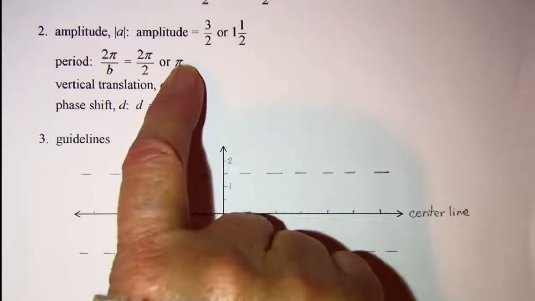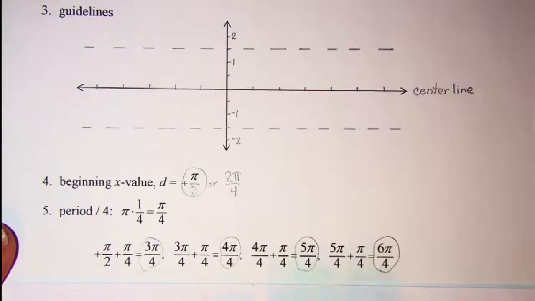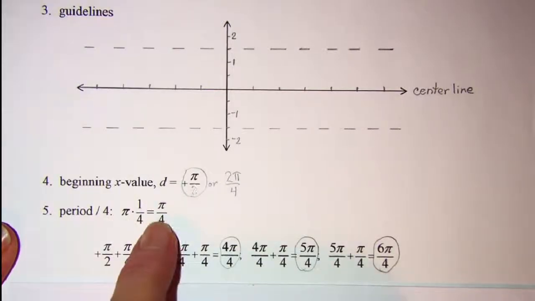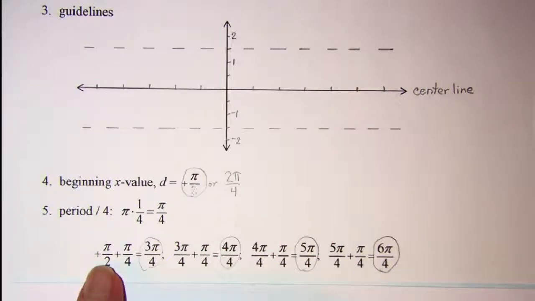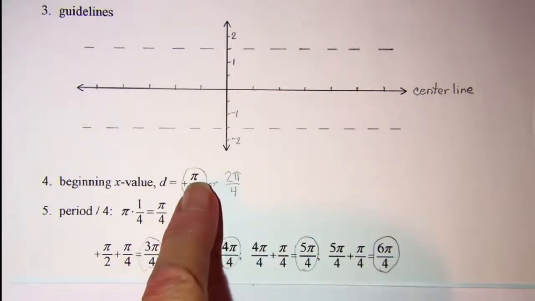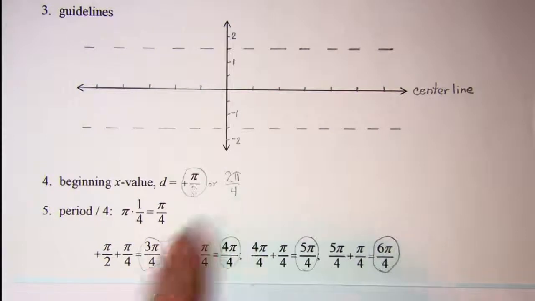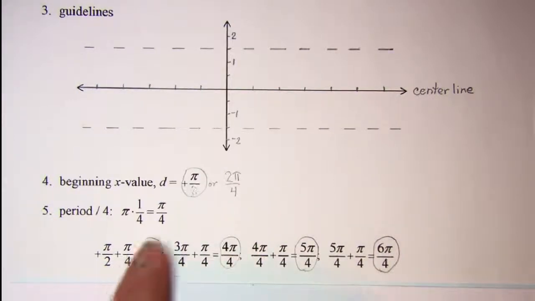So we'll divide that by 4 to represent our 4 quadrants. And we have pi over 4 is the distance for each quadrant. So take our starting value, which is pi over 2, our 2 pi over 4, and add pi over 4 to that, and we get 3 pi over 4.